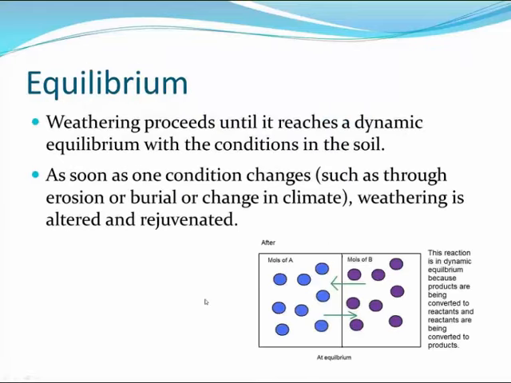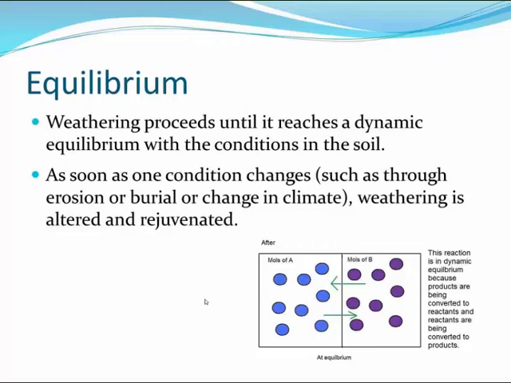One of the primary concepts in weathering is that weathering is dynamic in soil. And the reason is because the equilibrium is seldom maintained. So weathering takes place until it reaches what we call a dynamic equilibrium with the conditions and the forces in the soil.